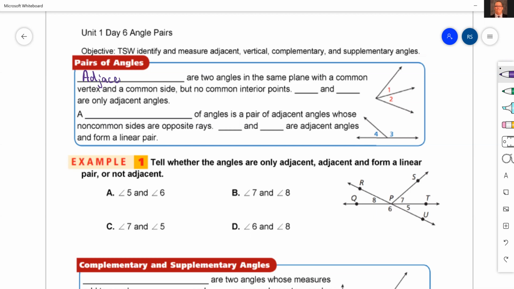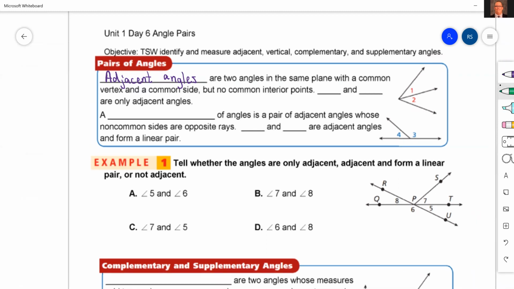Adjacent angles are two angles in the same plane with a common vertex and a common side, but no common interior points. So if we look at this picture, they share this side right here, and they share this vertex.